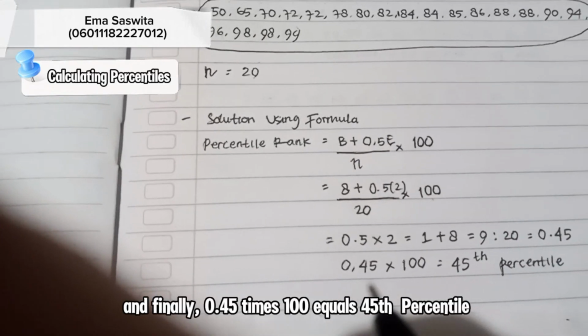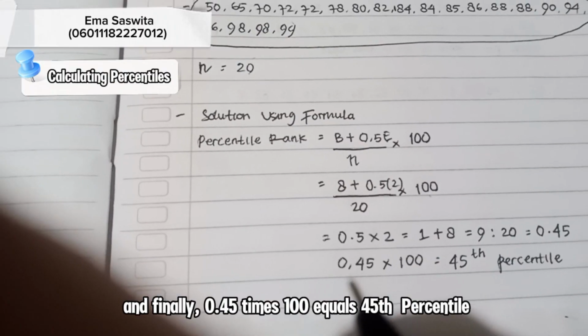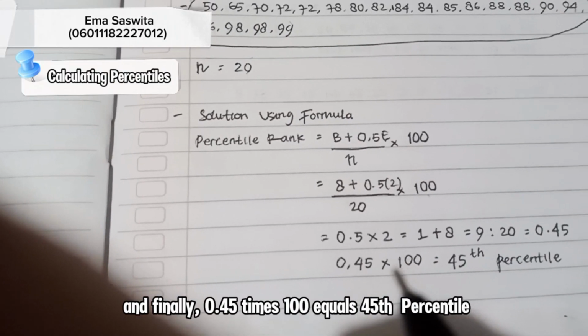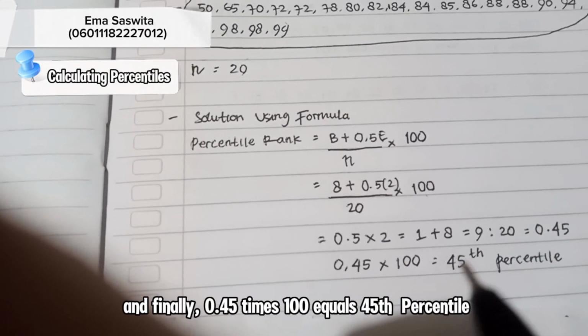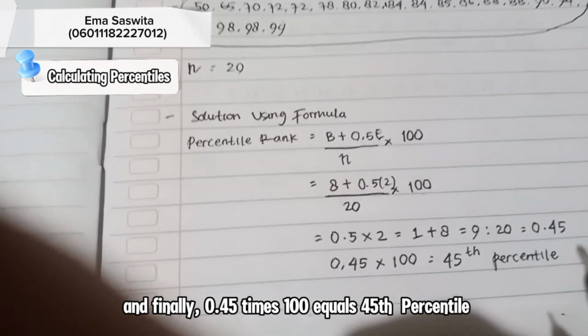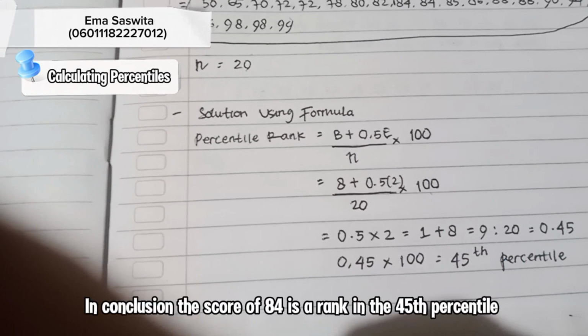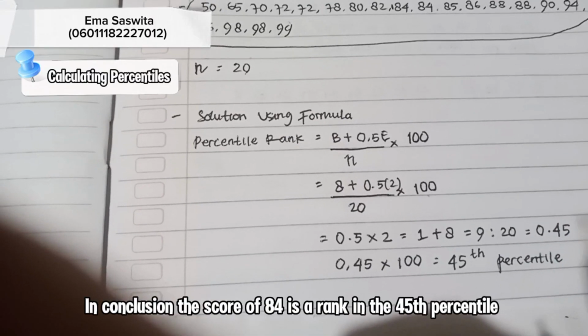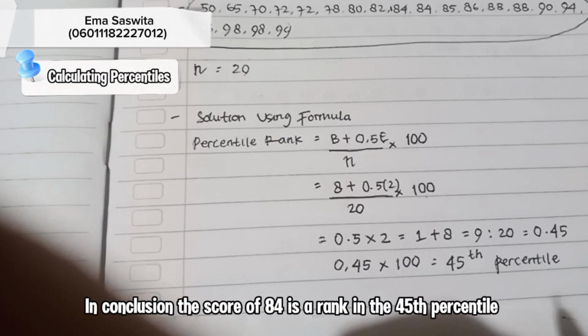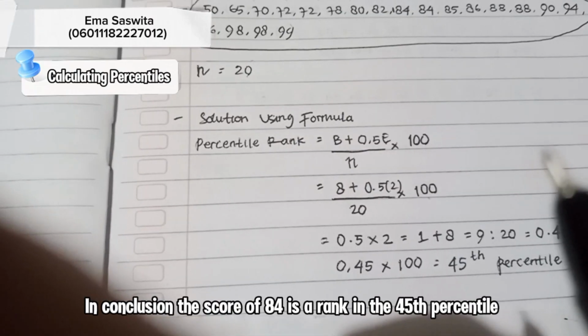And finally, 0.45 times 100 equals the 45th percentile. In conclusion, the score of 84 is ranked in the 45th percentile.